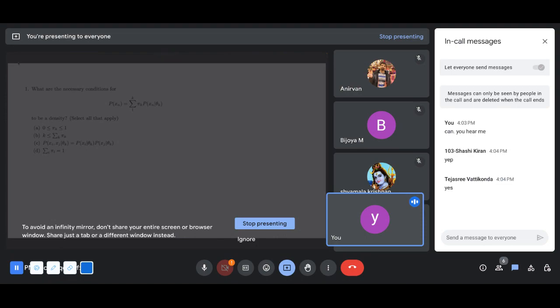Yeah, so this is it. What are the necessary conditions for this to be a density function? You want p of xn to be a valid density. So what are the necessary conditions?